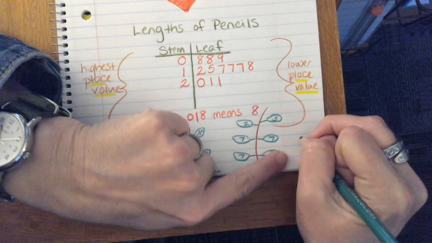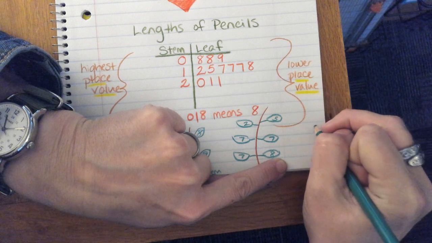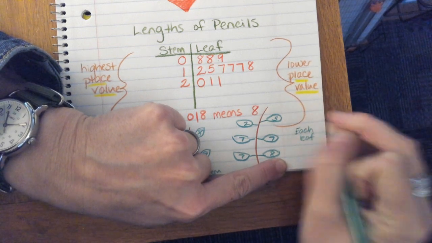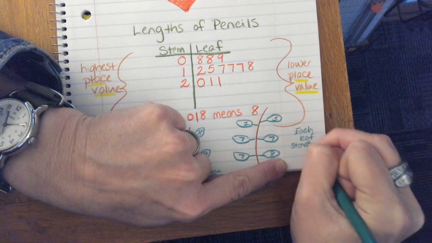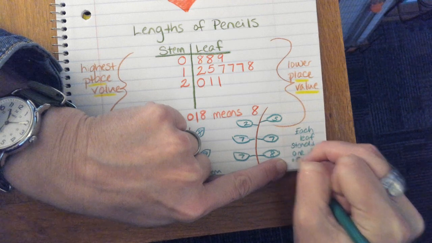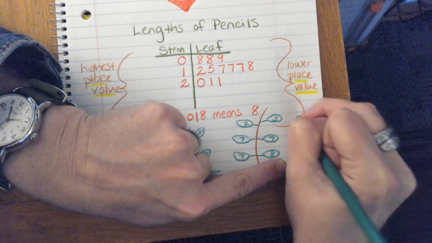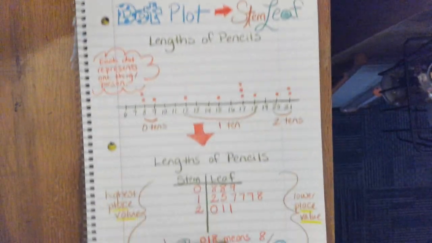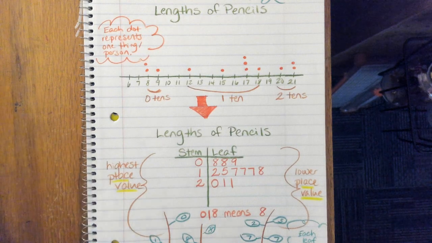And the important thing here is each leaf stands for or represents one thing or person. Up here it was every dot, but down at the stem and leaf it's each leaf.